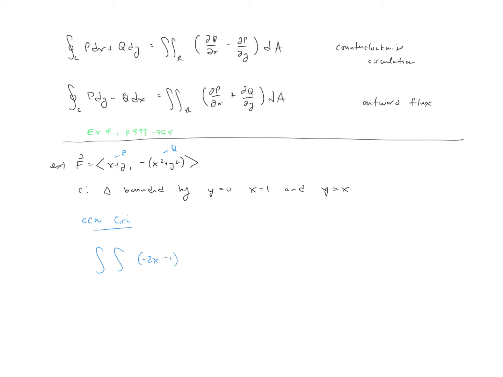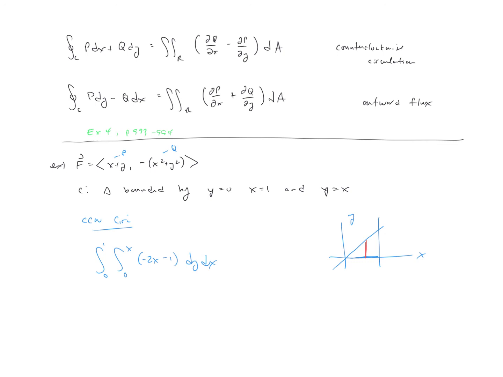And then for our dA, we need to look at that region a little more closely. So we've got the triangle formed by that, and then of course by the x-axis as well. So we'll set this one up vertically, we'll go with dy dx, and that's going to range from 0 to x, the 0 being here, up to the x up here, and then ranging from 0 to 1 across. So that is pretty much the exact same thing we did in the previous example.